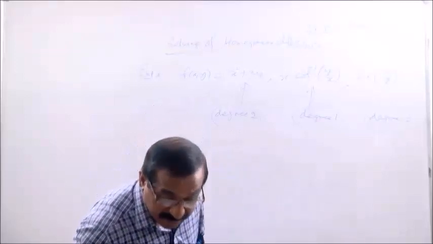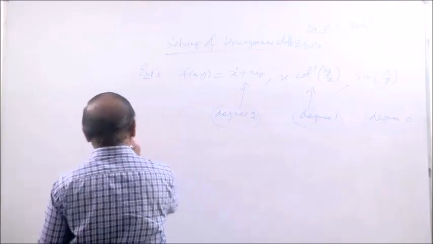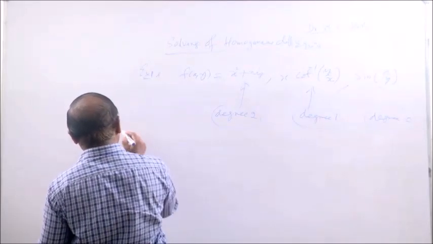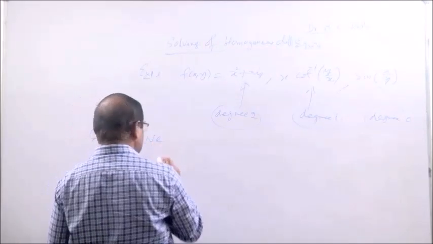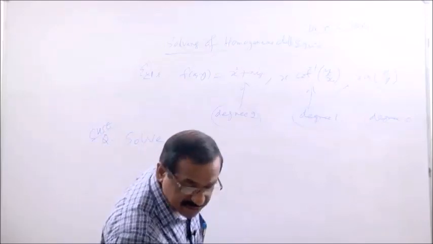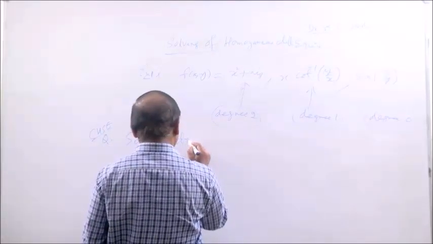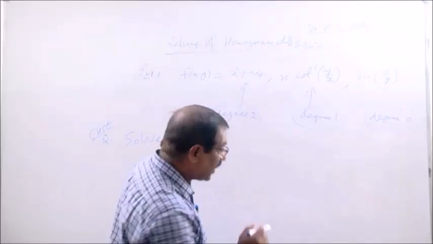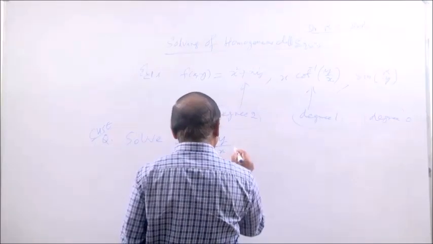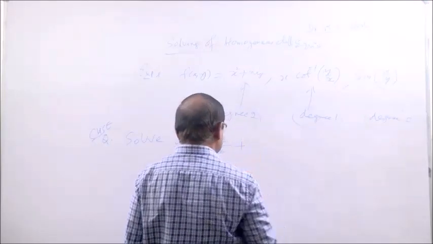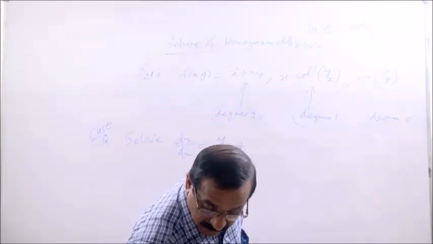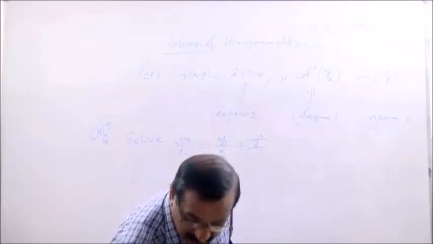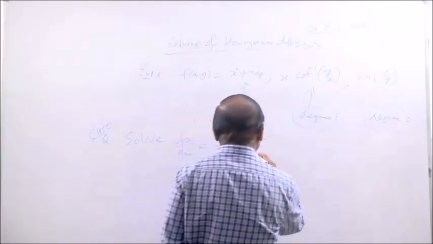Yes. Now let us go to a problem. The question is this. This is a CHSC question. We have to solve dy by dx is equal to y by x plus y square by x square, right?